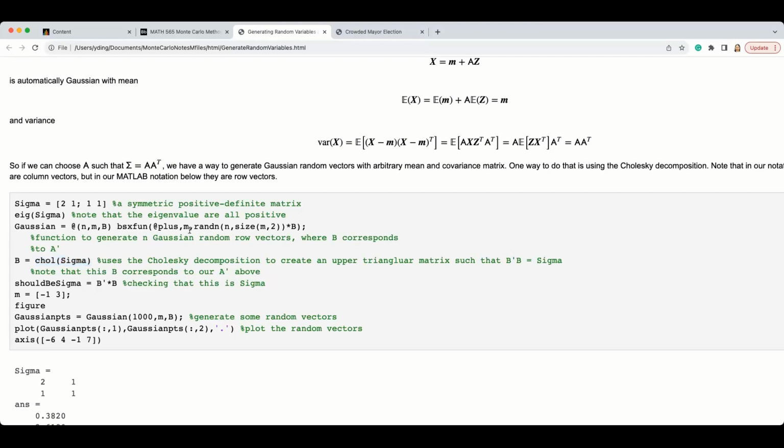Here is a plus, which means m plus this term. This term uses n and m to generate the size. So m gives you the dimension, what the dimension of that vector is, so you will get the number of columns.